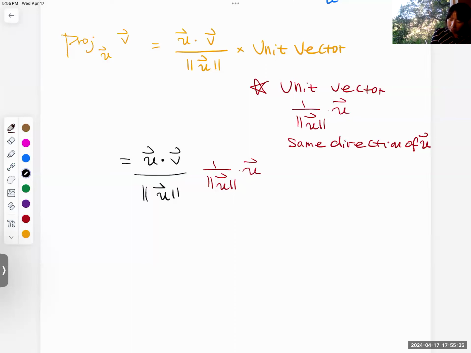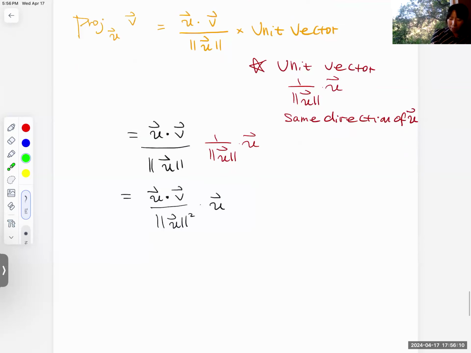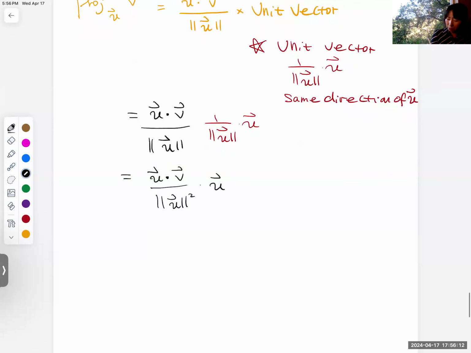And let's just leave U because this is a dot product, right? And then U squared is the length. And then there is just U. This is a multiplication, and this is a dot product, right? Okay, so let us do this one.